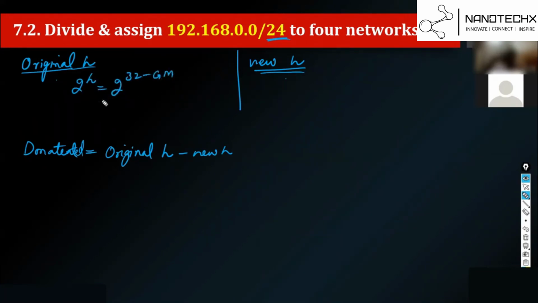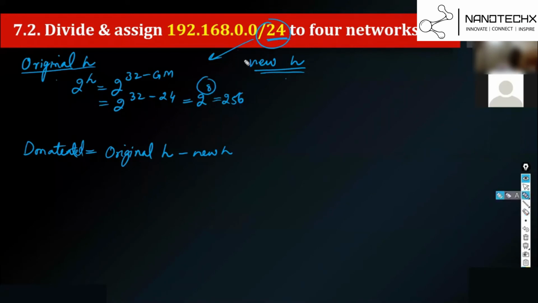We already know the given mask here is 24 in the original one, which gives us 2 raised to power 8, and it gives us 256 hosts together. But what is the value of H here? The value of H is 8. Hosts are 256, but the value of H is 8. Clear? Now let's calculate the new H.